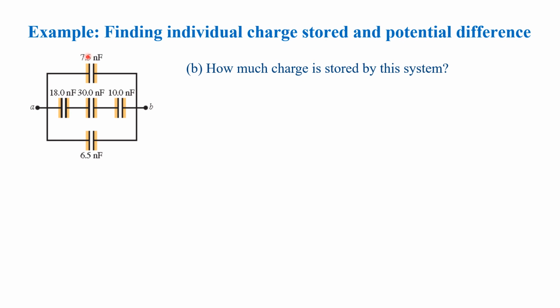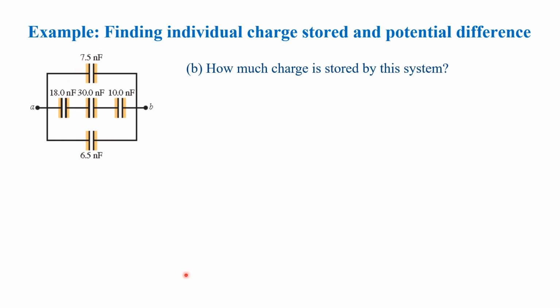Now let's proceed to the next problem. How much charge is stored by this system? That is, what is the total charge Q that is stored by this five capacitor network.